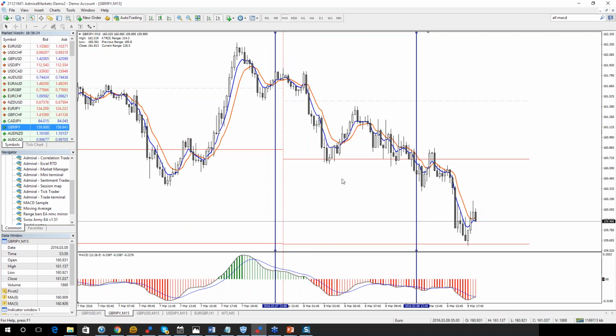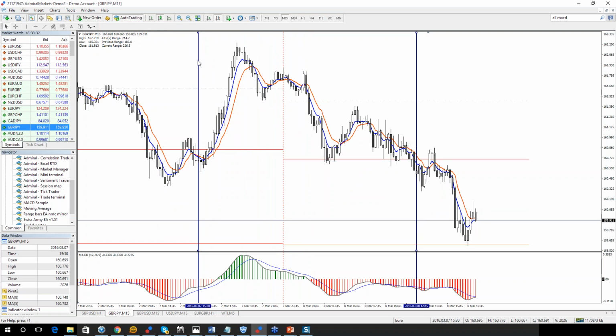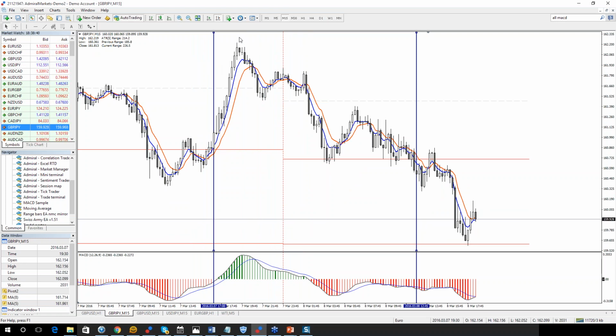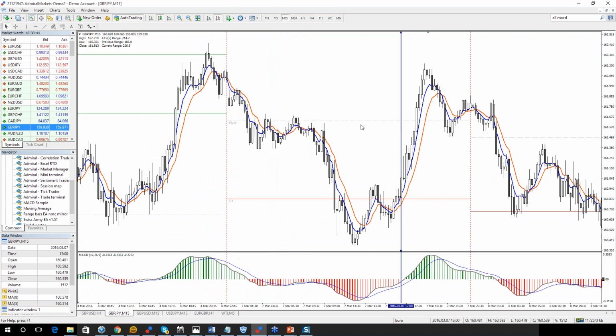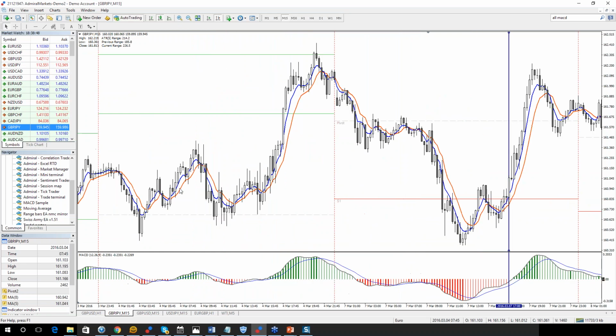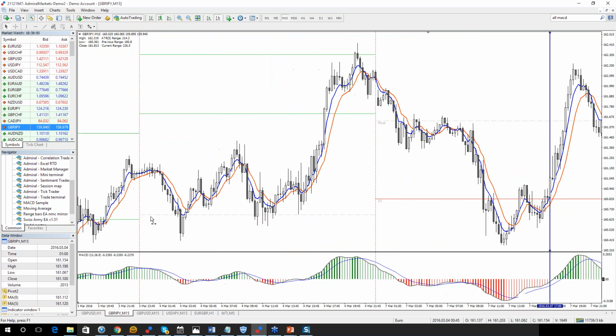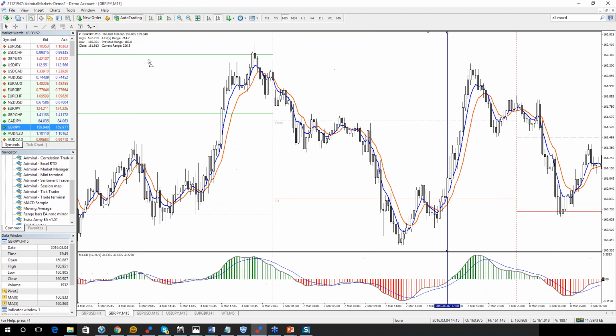Even pound yen, guys. Look at this. This was a false breakout, okay, here. And then a real breakout here. Look. Straight towards next targets. Here also. Okay, not here, but exactly here, real breakout.